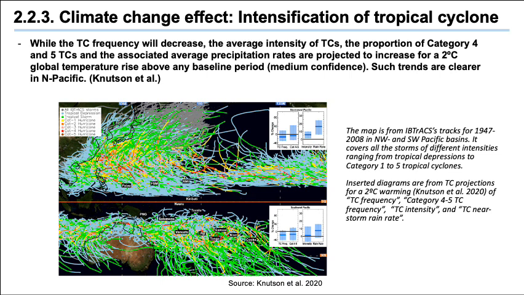There is a greater increase projected under RCP 8.5 scenario than under RCP 2.6 scenario from around mid-century to 2100. But there is low confidence in changes in the future frequency of tropical cyclones at the global scale.